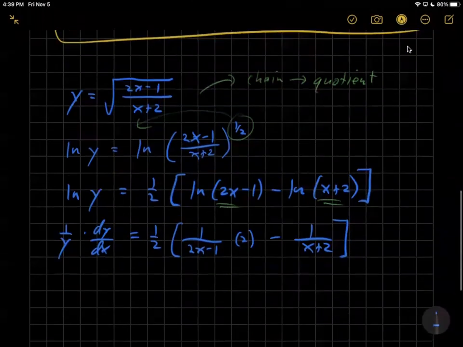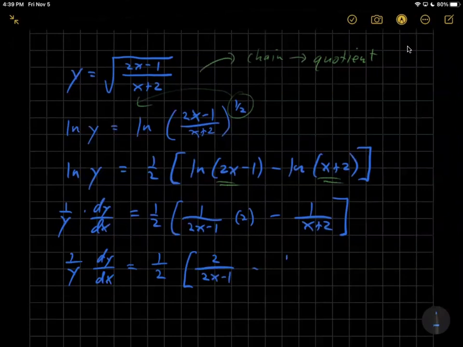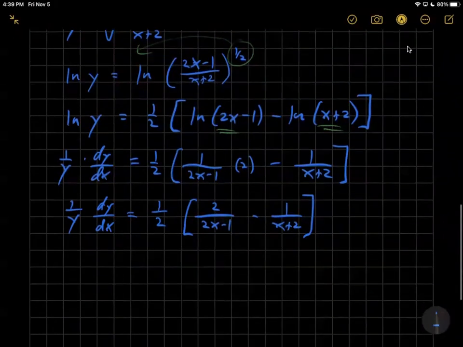And so there we have it. Almost there. See how this is a lot faster than a chain rule with a quotient rule. This will be 1/2 times 2 over 2x minus 1 minus 1 over x plus 2. And then we just multiply by y.